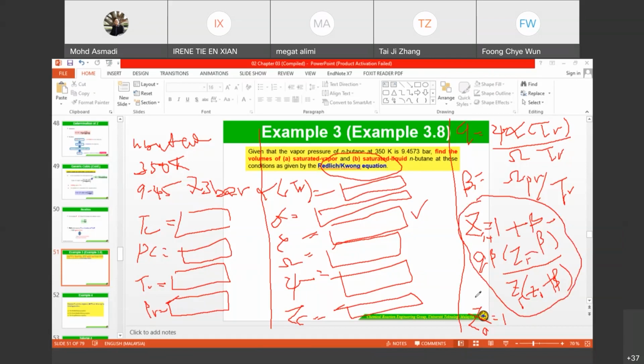Please do the iteration. What is the value of Q and beta?